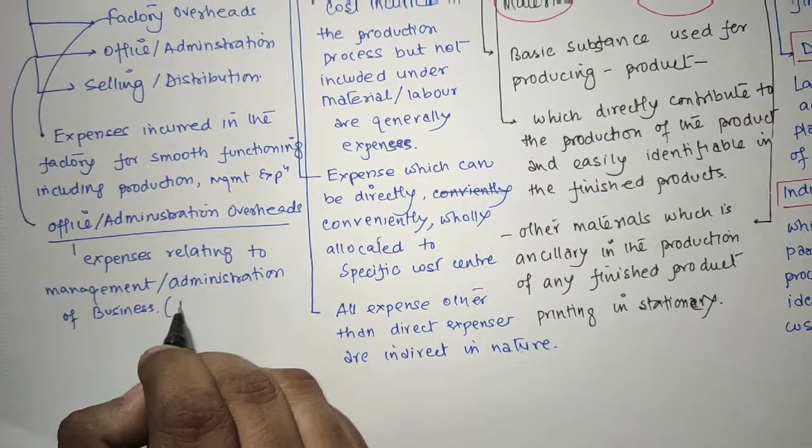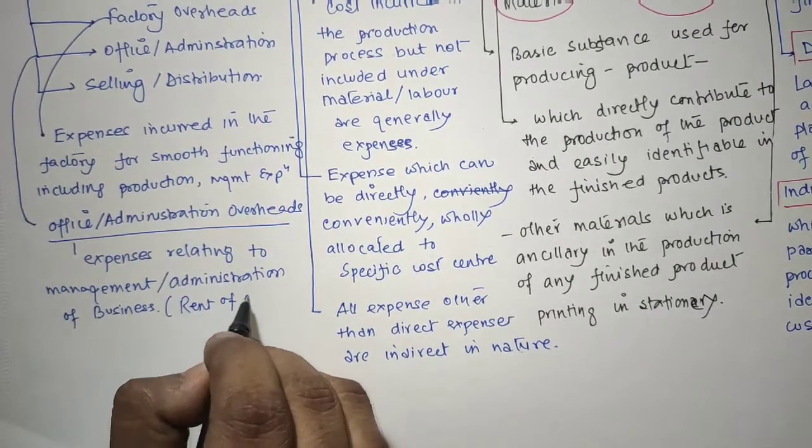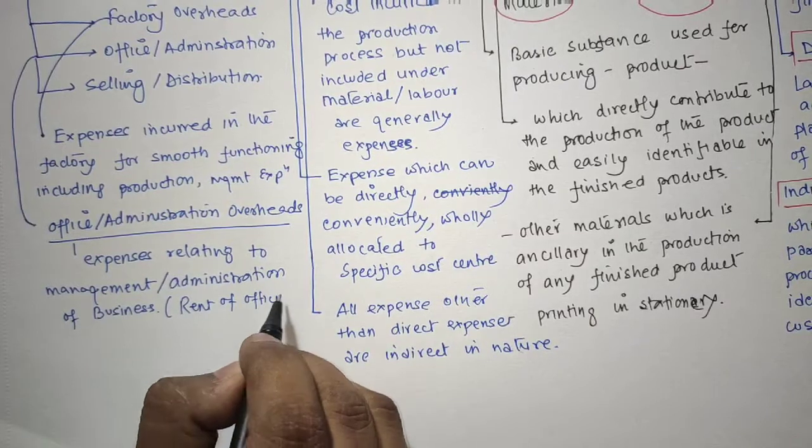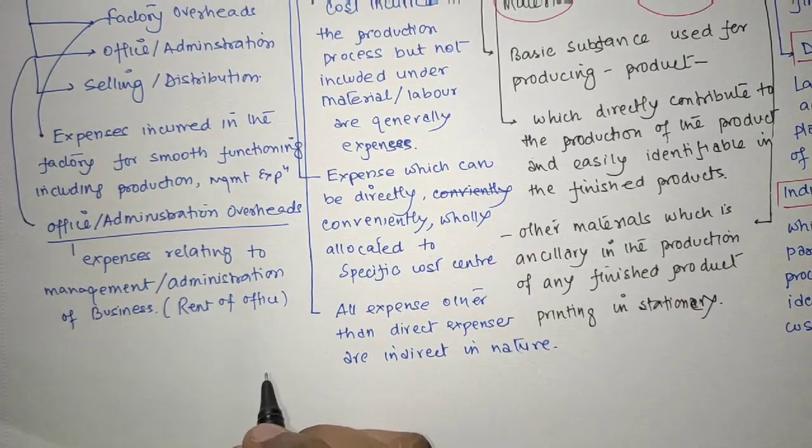Example: rent of office, lighting expenses or heating expenses or stationery.